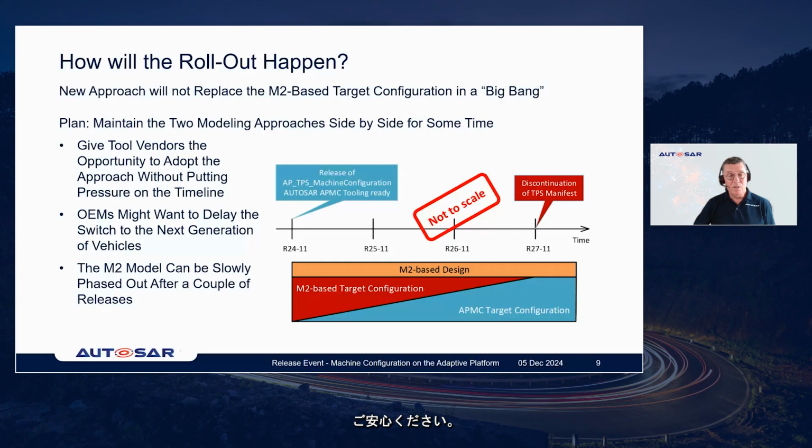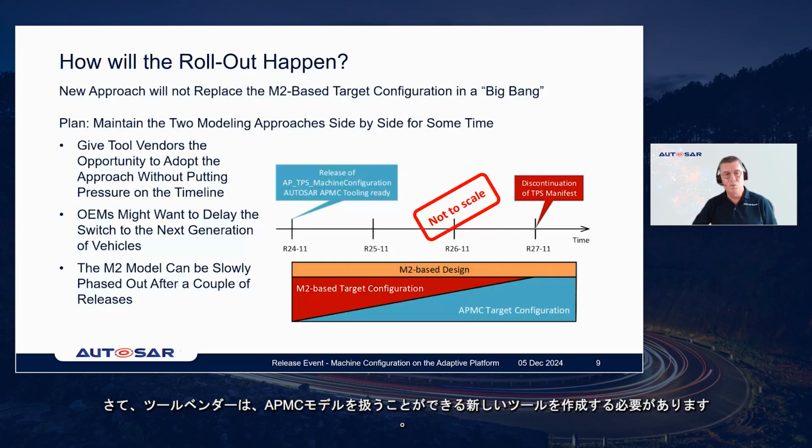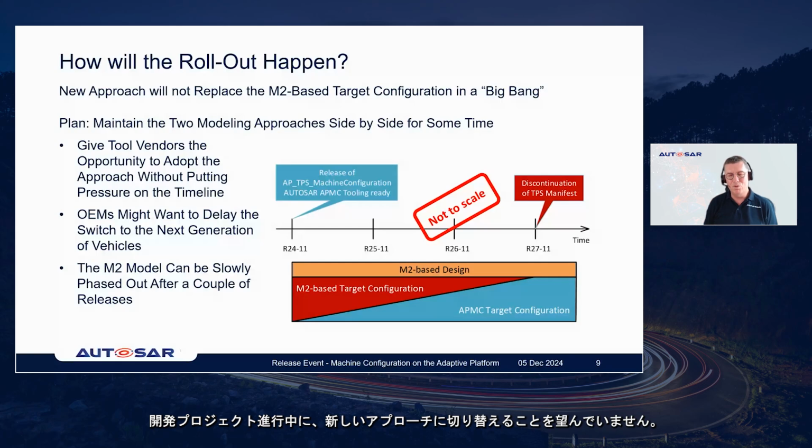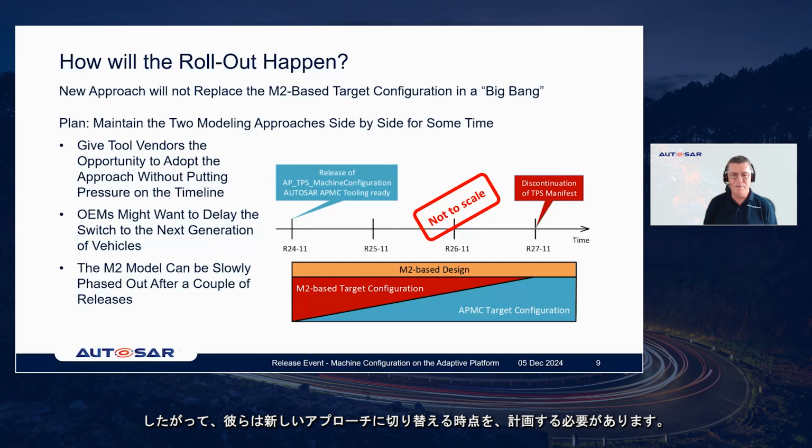Tool vendors need to create new tools which can deal with APMC models, and that takes some time. And also OEMs are currently running their development projects, and they don't want to switch to the new approach while the development project is ongoing. I think this is very much obvious. So they will have to plan a point in time when they can switch over to the new approach.